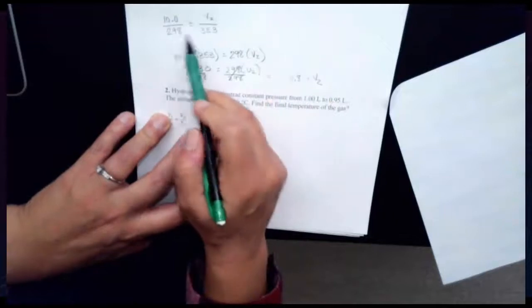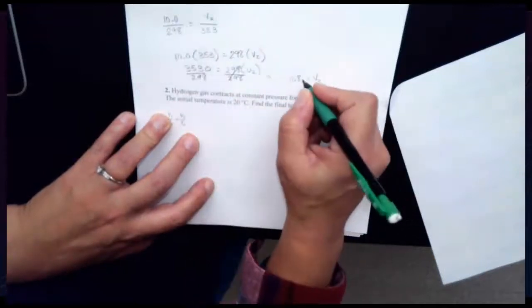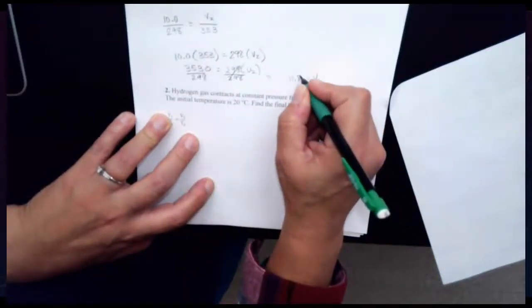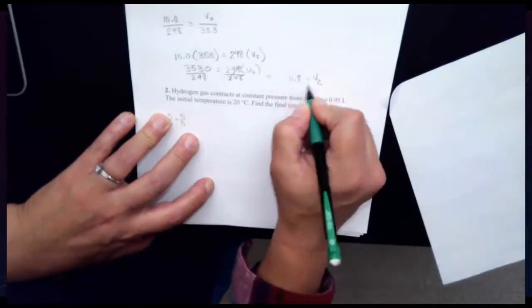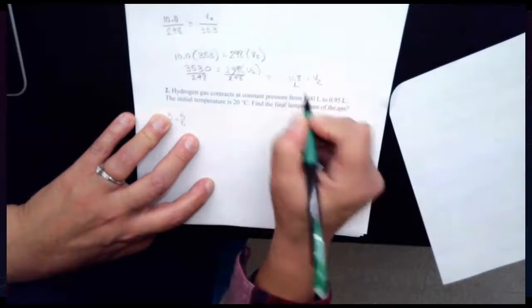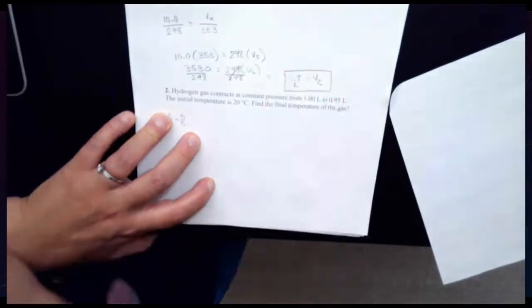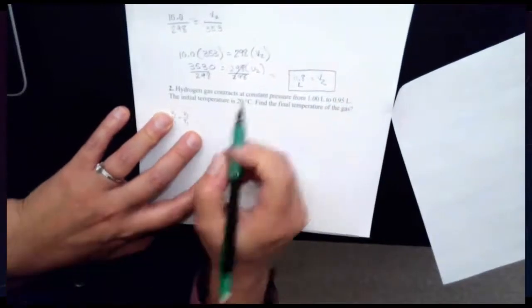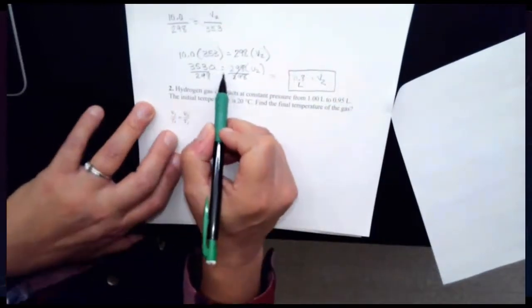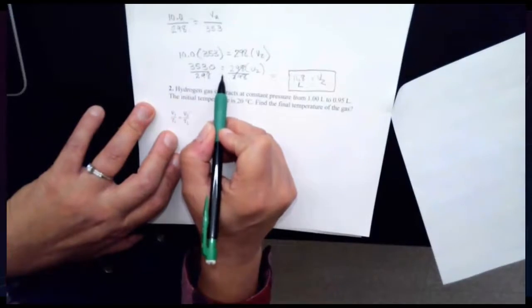Let's look at significant figures. We've got 3, so 11.8. And we are looking at volume. We use liters, so it'd be 11.8 liters. Your final answer.